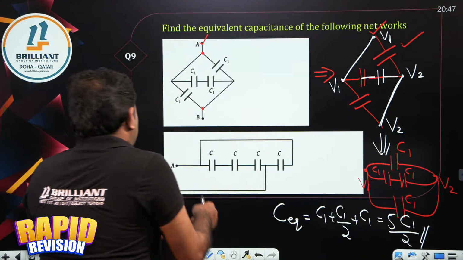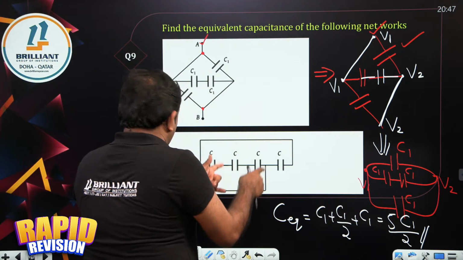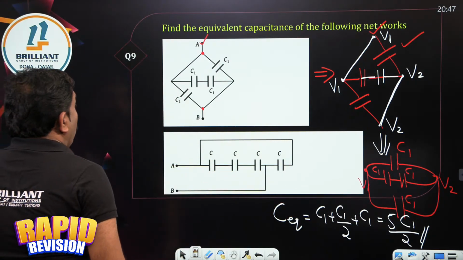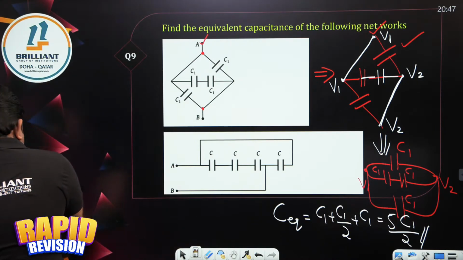Now the second question, this one, I think you can try yourself. I am marking the diagram once more. So you solve it correctly and get the right answer.